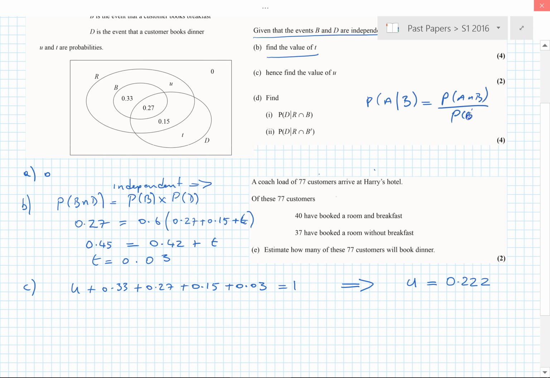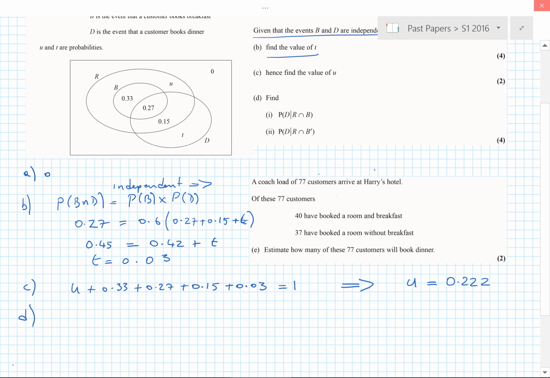It is possible to use it, but I find it a little unnecessarily complicated. I'm going to use what the textbook sometimes calls a restricted sample space, and do it directly from the Venn diagram, thinking it through by common sense, if you like.